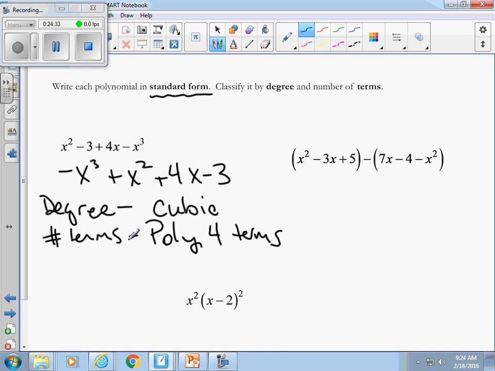Any questions about that? Would it be hard to make the classification before you wrote it in standard form? Yes, especially this next one. Now you could probably pick out the highest power, but how many terms does it have? At first glance, I'm not sure because I have some things that can combine. What's the first thing I need to do?